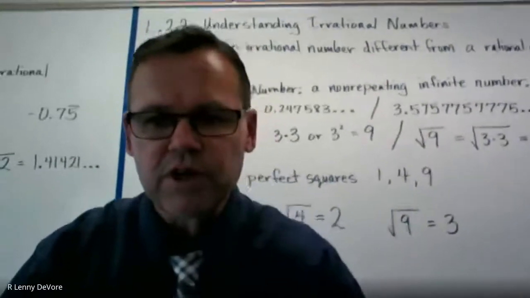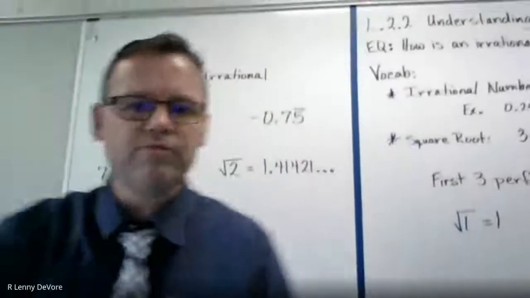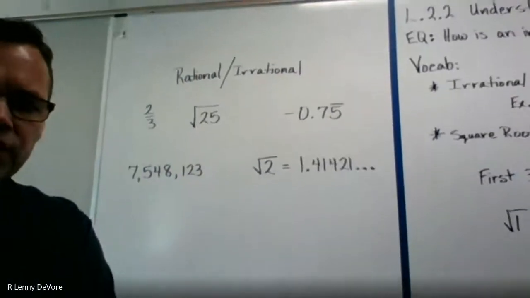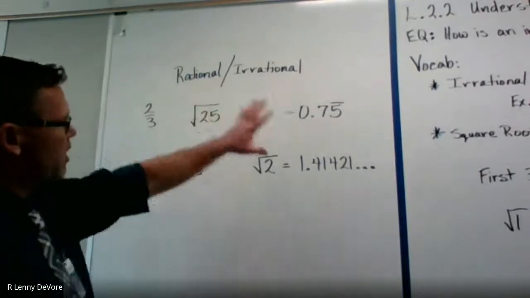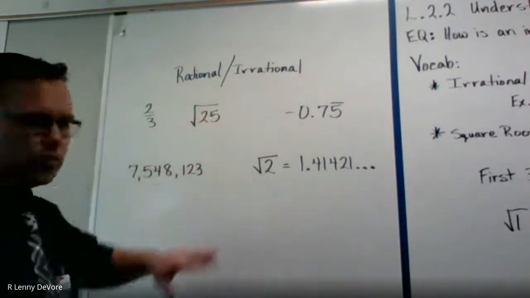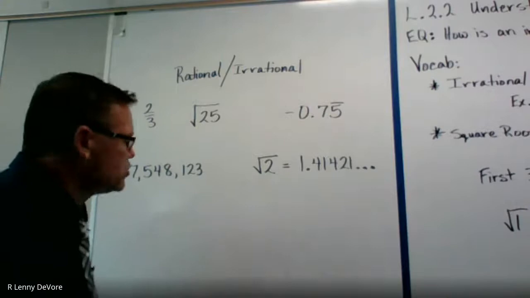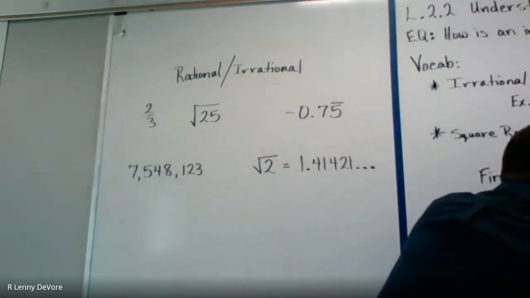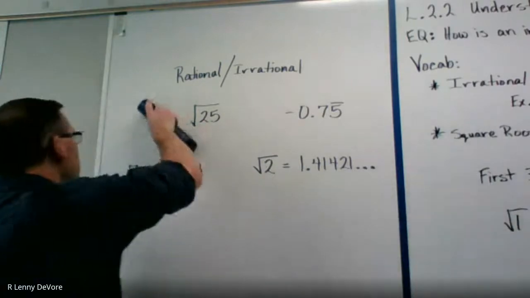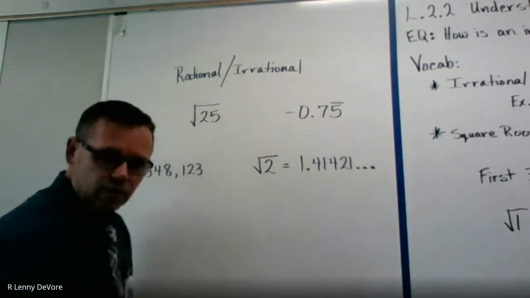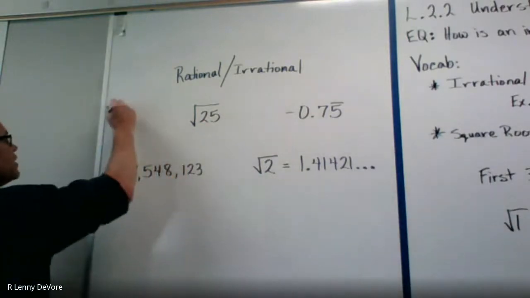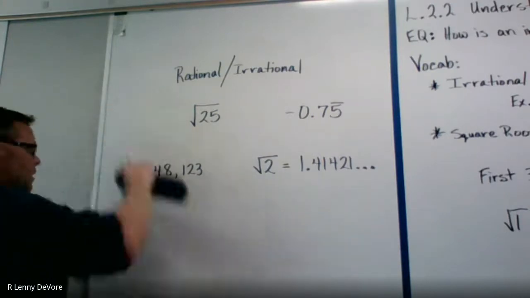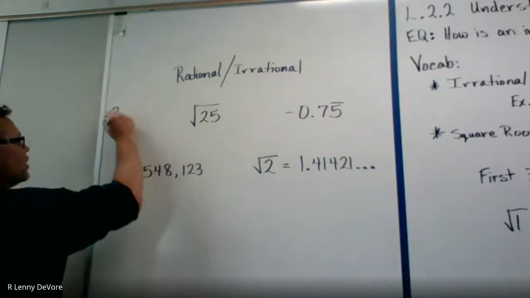Okay, if we come over here, we do a little bit of a review on rational and irrational numbers. Now here's what I want you to understand. We have to be able to identify throughout all of these which ones are rational and which ones are irrational. 2/3. If I do this the short way, I'll show you how to do that real quick. I have 2/3, right?